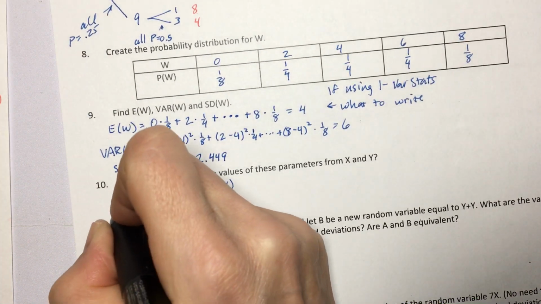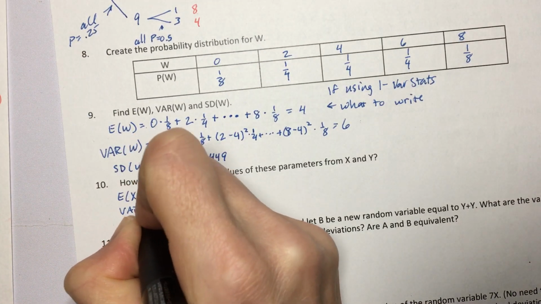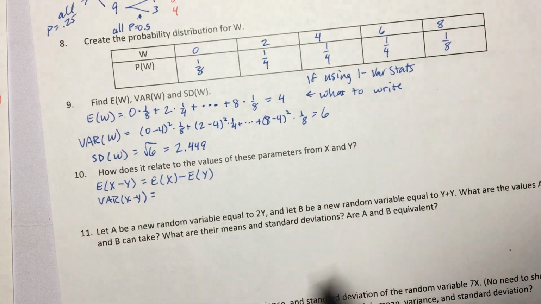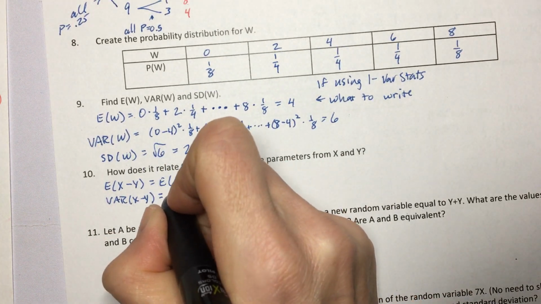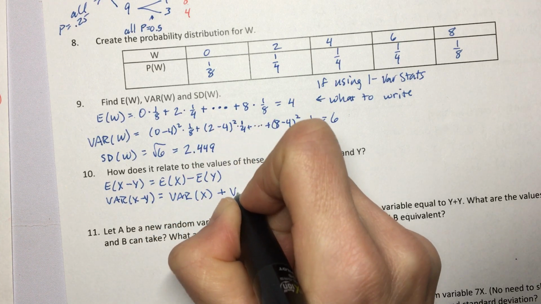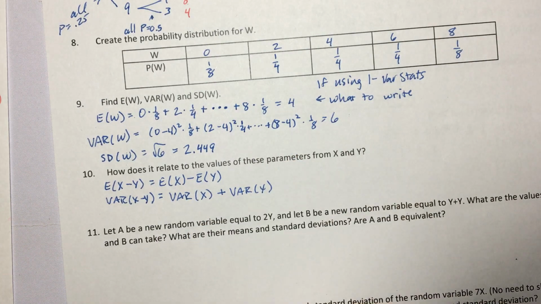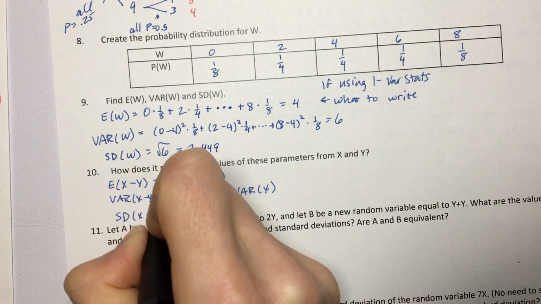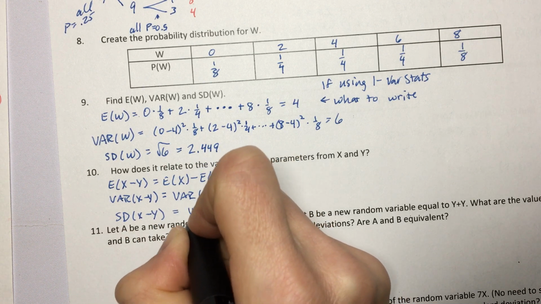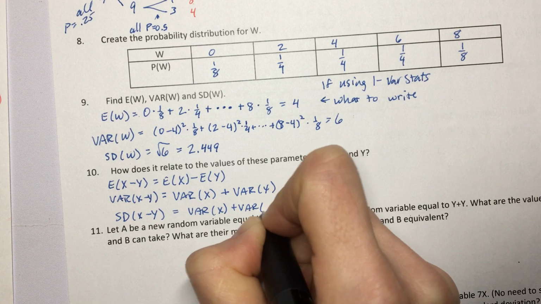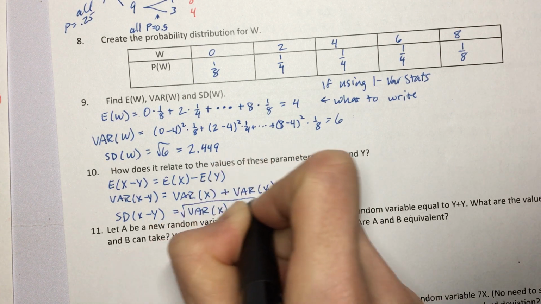But then our variance of x minus y, and this is a little counterintuitive, but it makes sense when you see it worked out, is that it's still just the variance of x plus the variance of y. And then our standard deviation of x minus y is still just the square root of the variance of x plus the variance of y.